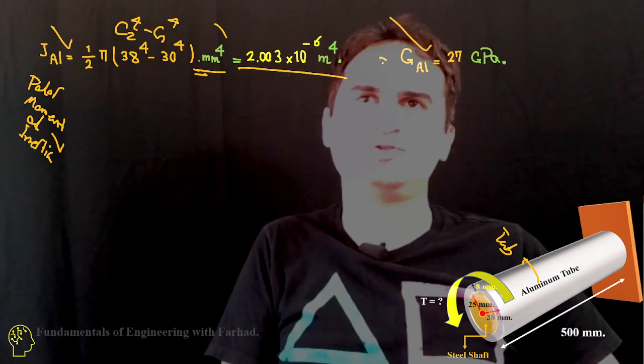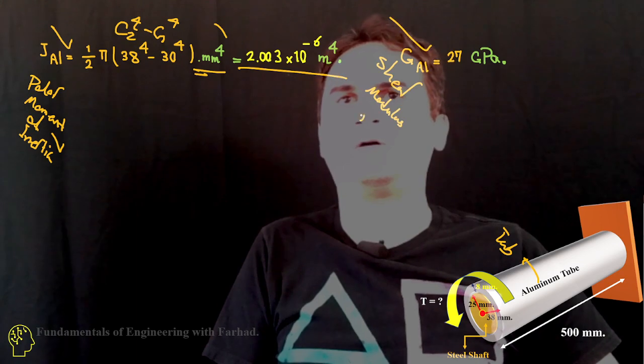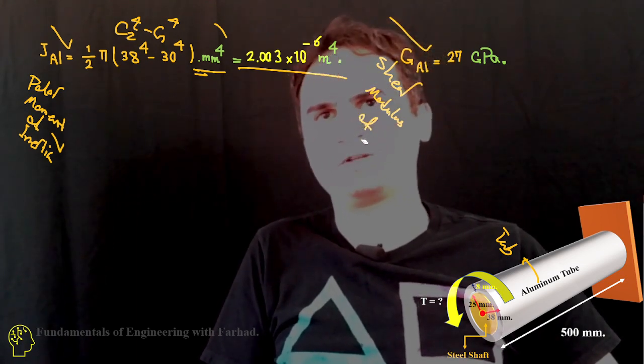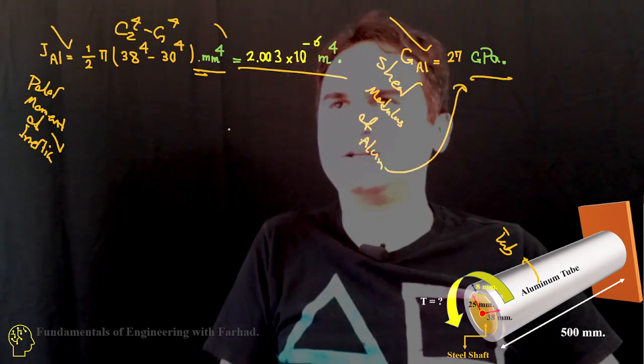The shear modulus of each material is provided. For example, for aluminum it is just 27 gigapascal.